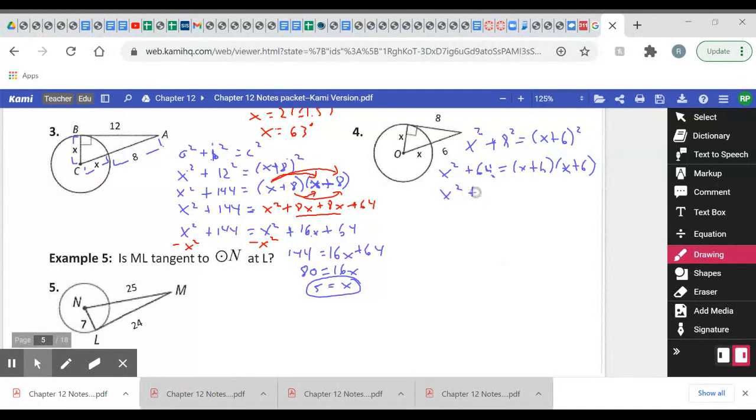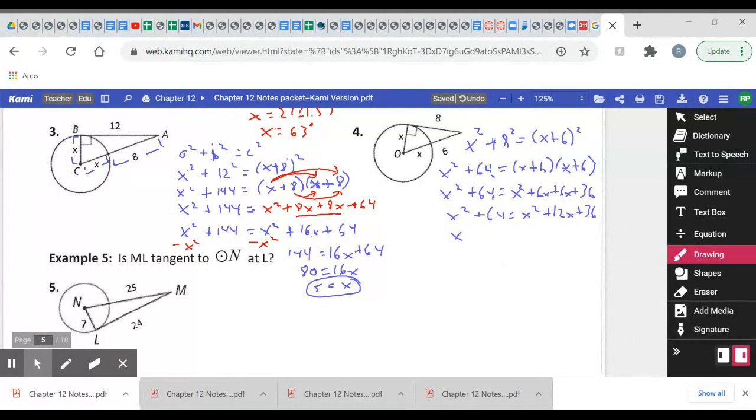And so x squared plus 64 is equal to x squared plus 6x plus 6x plus 36. So x squared plus 64 is equal to x squared plus 12x plus 36.